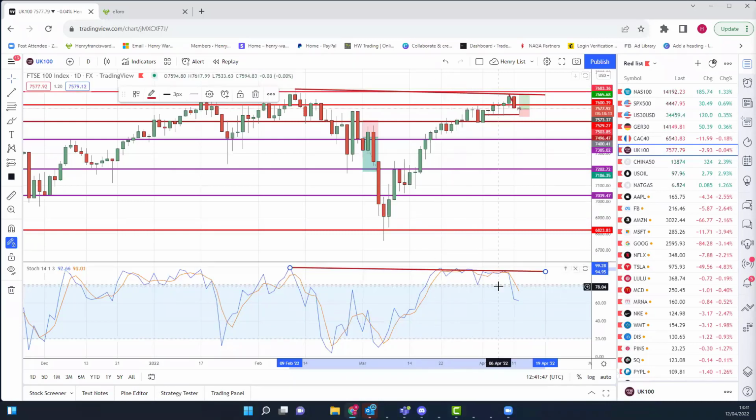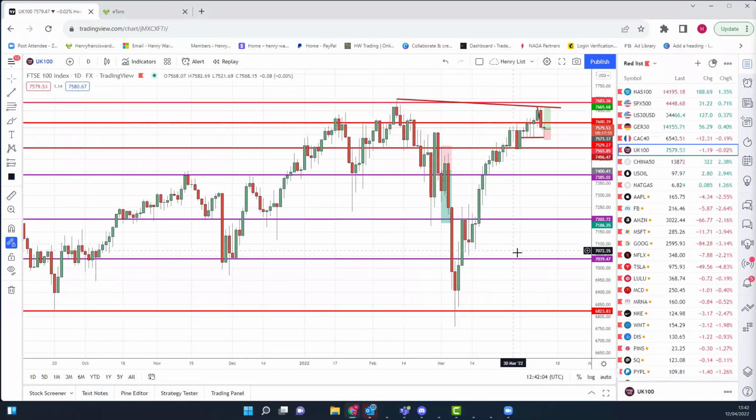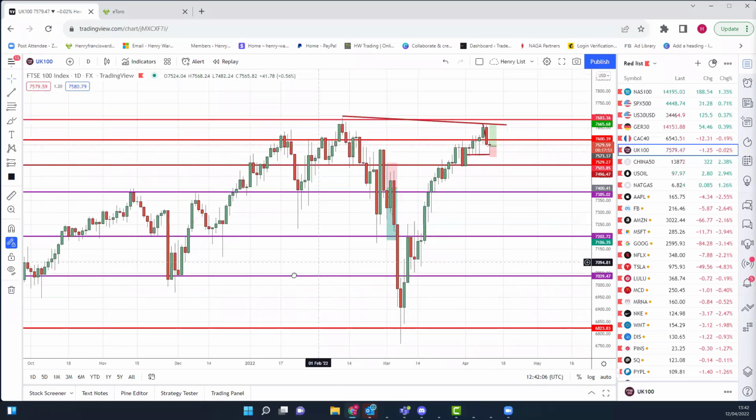But again, it highlights how to use it correctly, which is probably far more important than actually taking a trade and winning money or losing money. It's how to spot it correctly. That's far more important than going, oh, that's a good trade and making money off it, or that's a good trade and losing it.